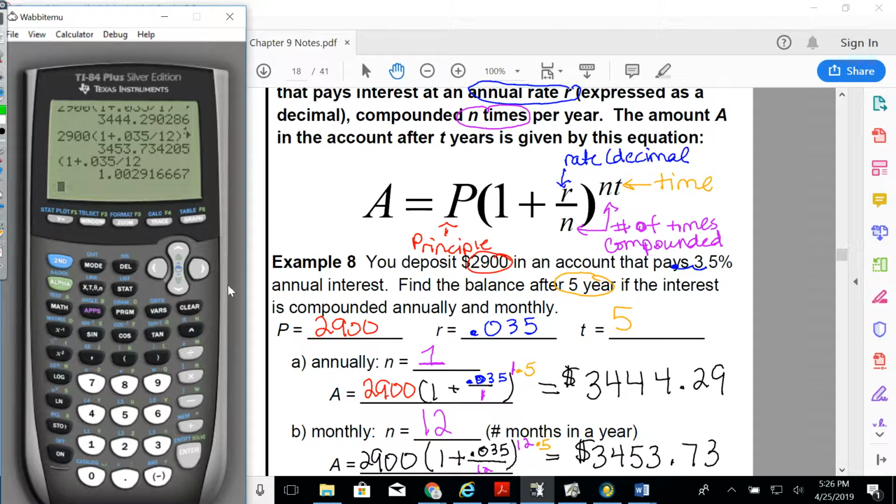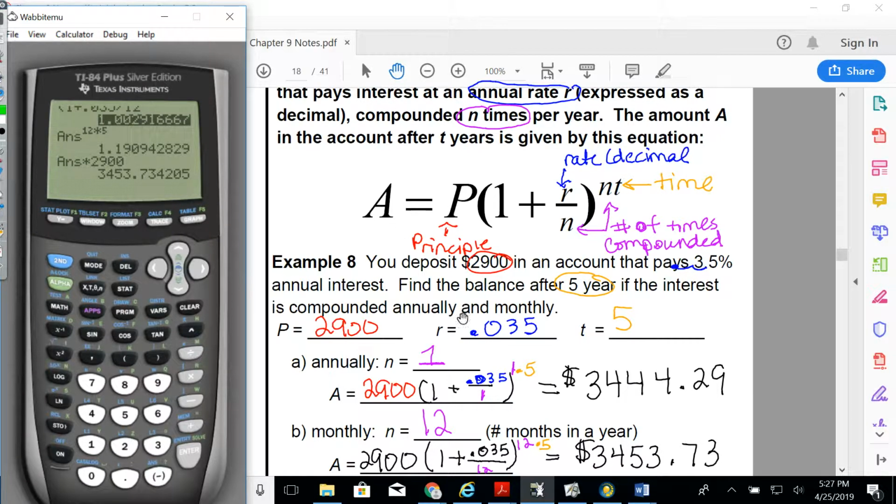So you can take that, and then yes, you can raise it to the 12 times 5. And then you can take that and multiply it by the 2,900 if you prefer to do it that way. But it is important that you do not round the base, because the base rounded is going to round to 1 usually, and that's not going to make our answer different.